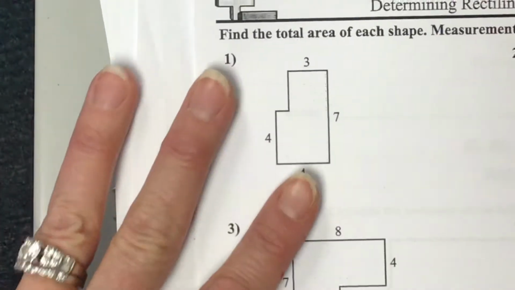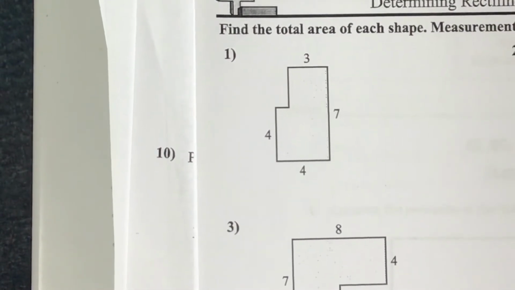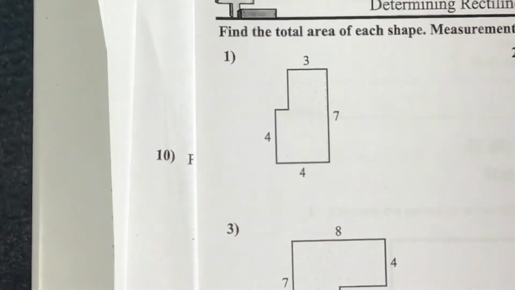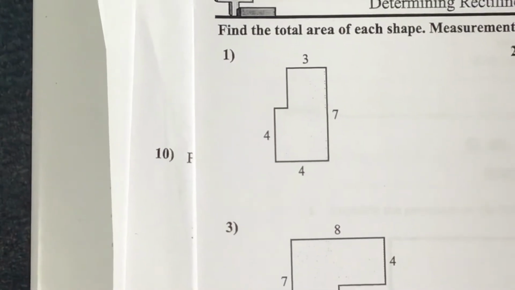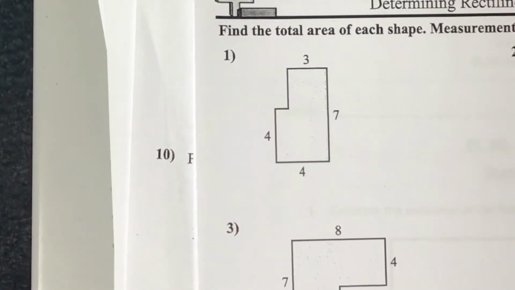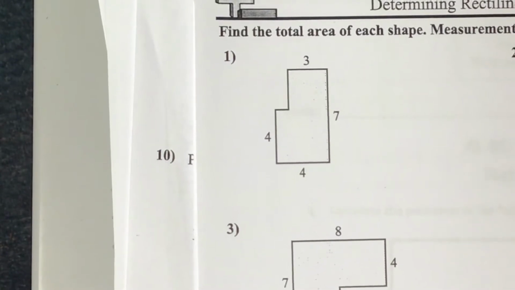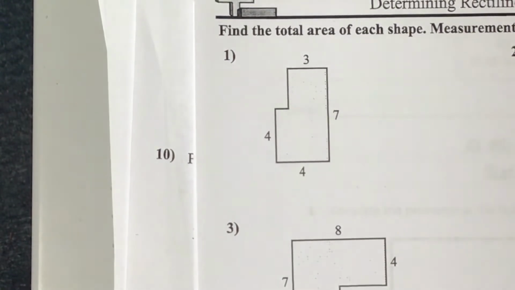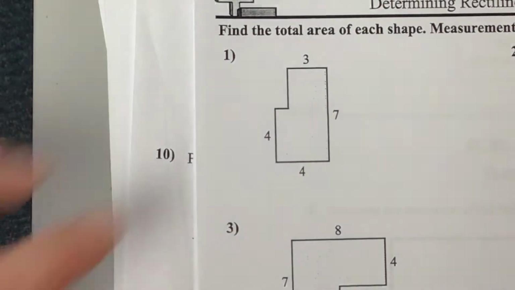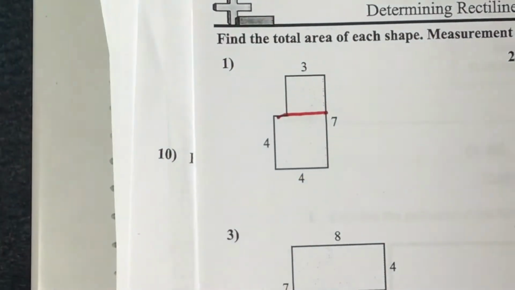Okay, everybody look at number 1. Everyone has this worksheet on this desk. Okay, so what is our first step when we need to find the area of a complex shape? Ada. Cut it in half. Okay, I think this is the easiest way to do this one.